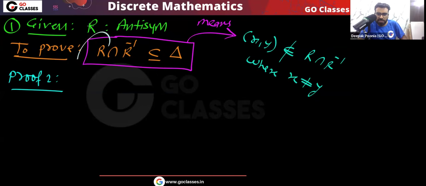If a reflexive pair belongs to R, then it will also belong to R inverse, so it will belong to R intersection R inverse. And if a reflexive pair does not belong to R, then it will not belong to R inverse, so it will not belong to the intersection either.